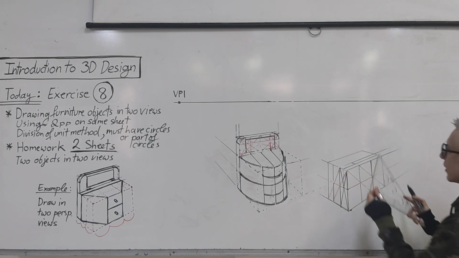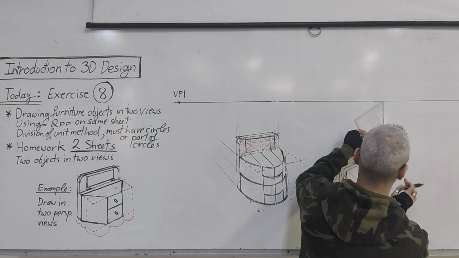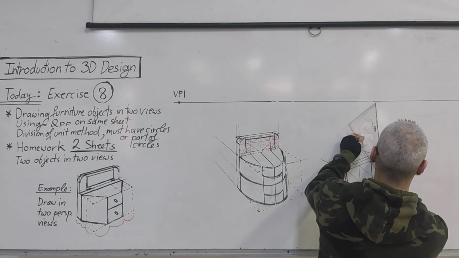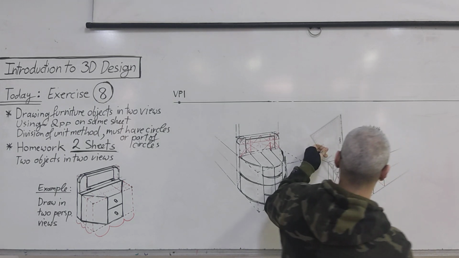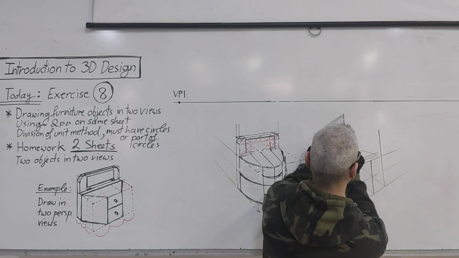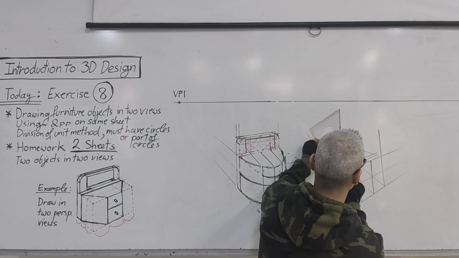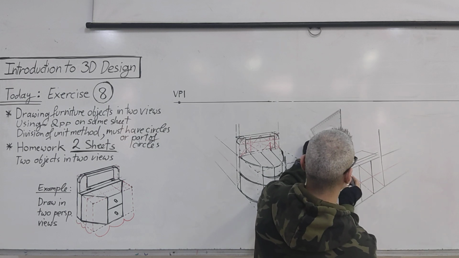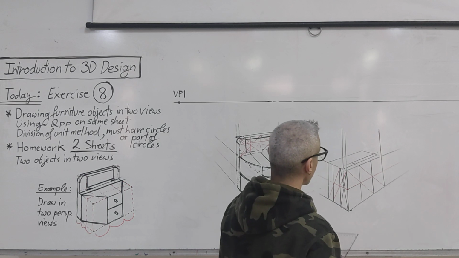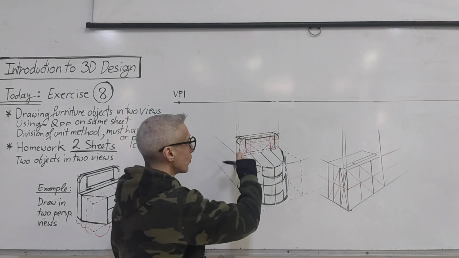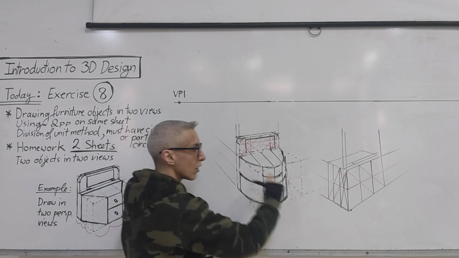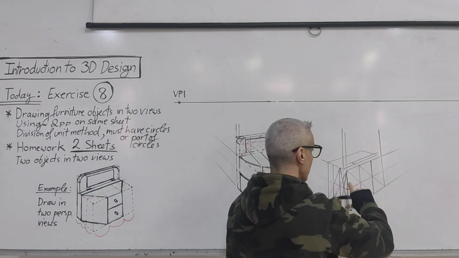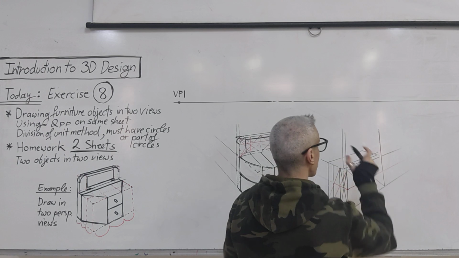This is what I want. From here up, and from here up, of course, and from this point that we found, also up. Now, here we chose this to be half of this. Okay? So from here we can also measure. So this is here half. We will place half.